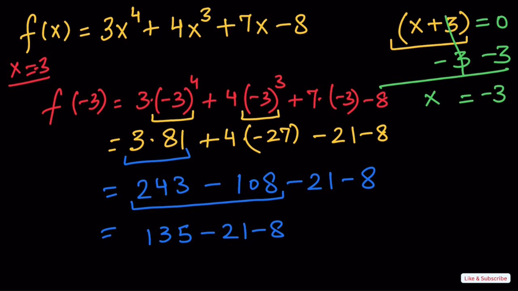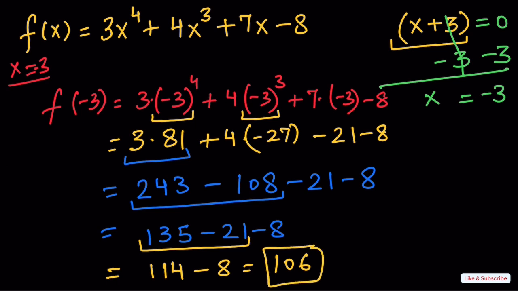Minus 21 minus 8 is still there. Now what is 135 minus 21? It's going to be 114. Now 114 minus 8? That's 106. According to remainder theorem, 106 is the remainder when we divide this function f of x with x plus 3.